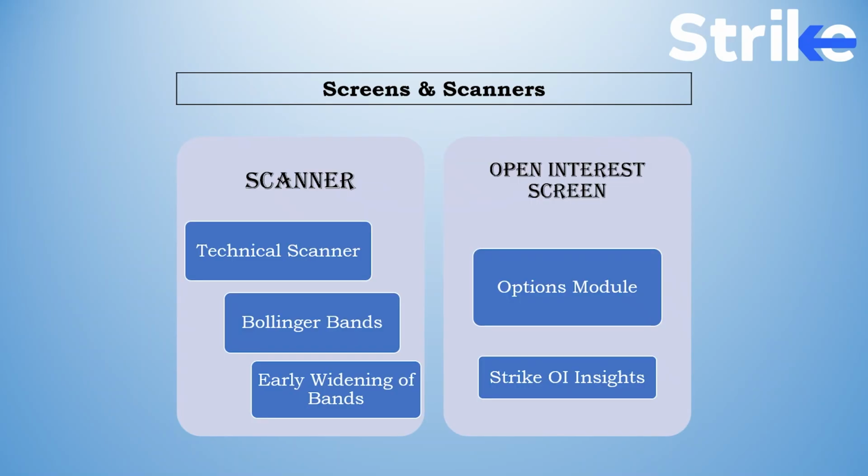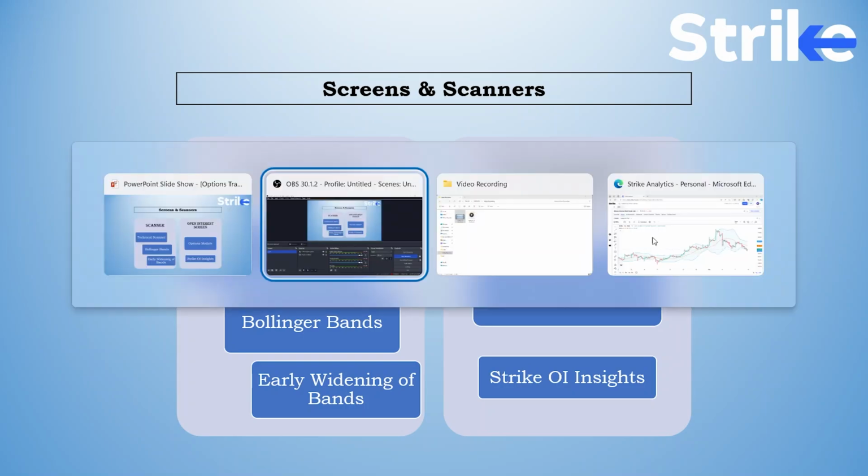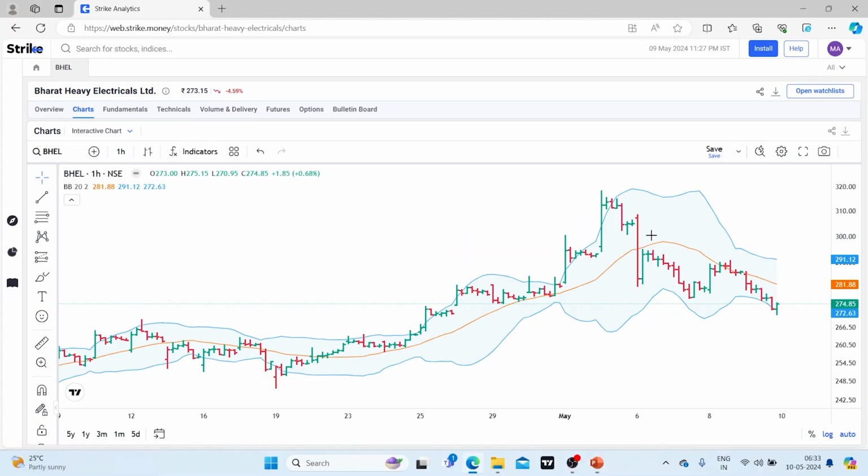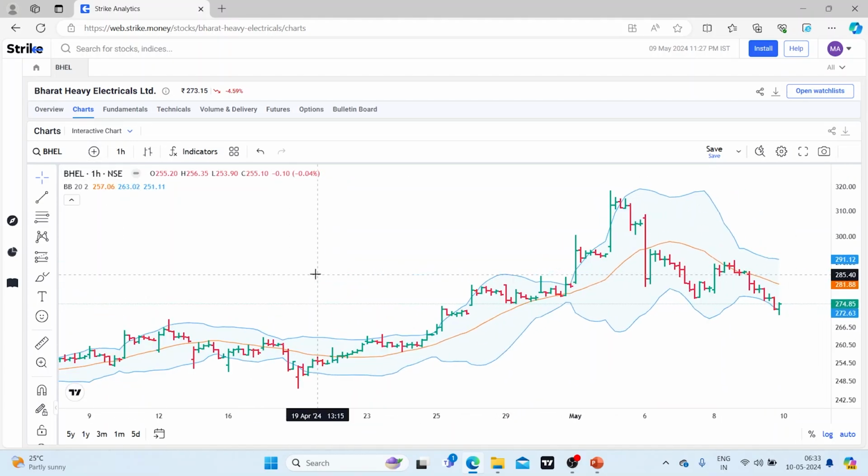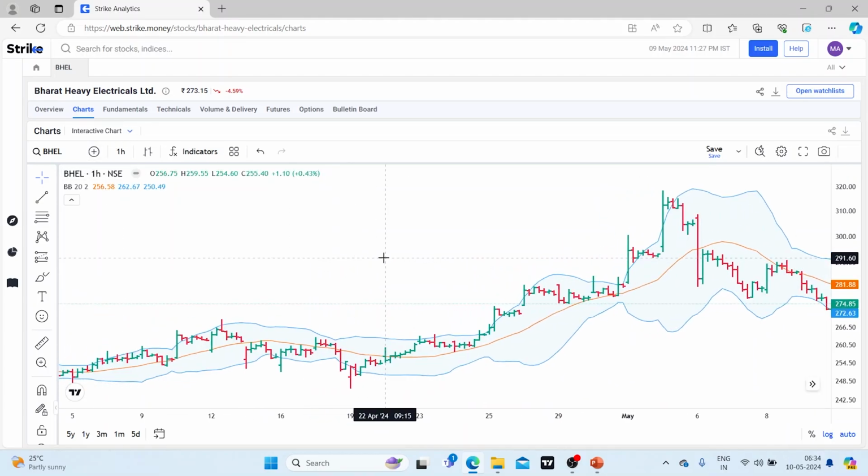Now let us see how Strike can help us in identifying such stocks. For that, we'll go to the Strike platform. Let us first understand the Bollinger Bands on the live chart. We have opened a Bhel chart on the hourly time frame.